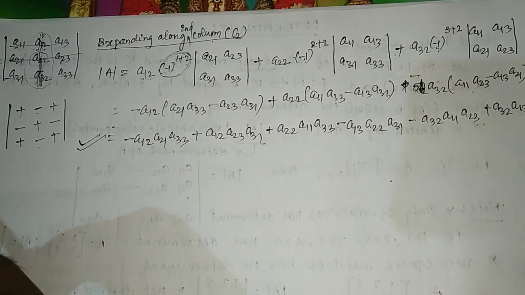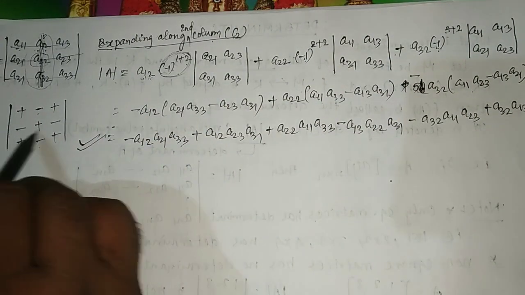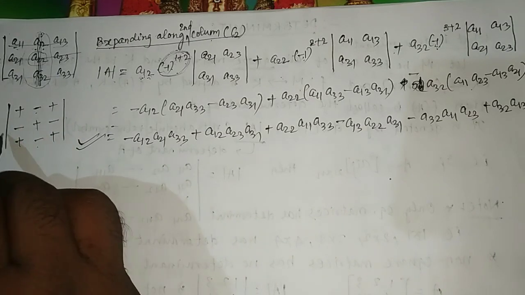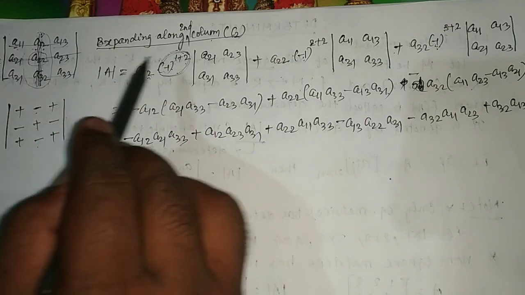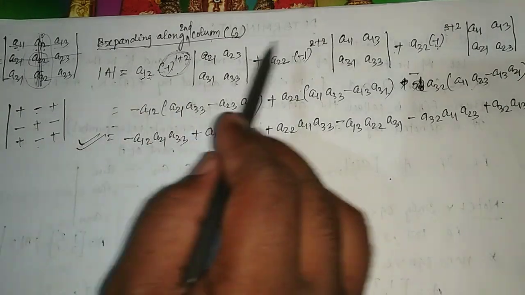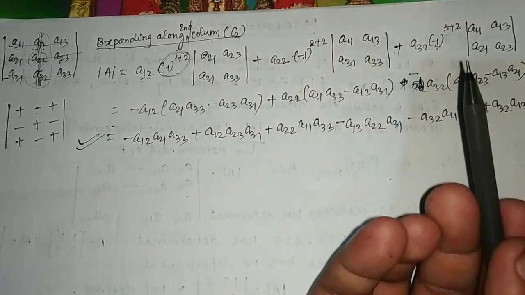Similarly, by expanding along the second row, we can directly put minus here and plus, then minus here.